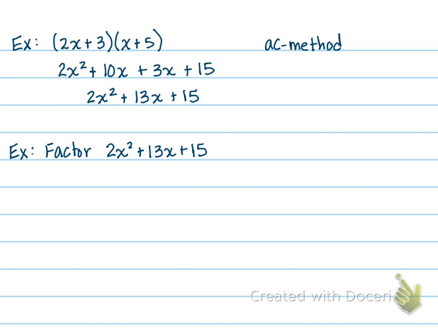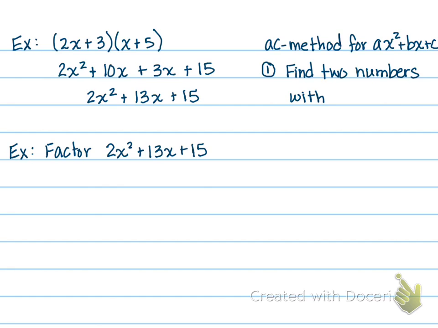So we're starting with a polynomial of the form ax squared plus bx plus c. And what we want to do is find two numbers with a product of AC.